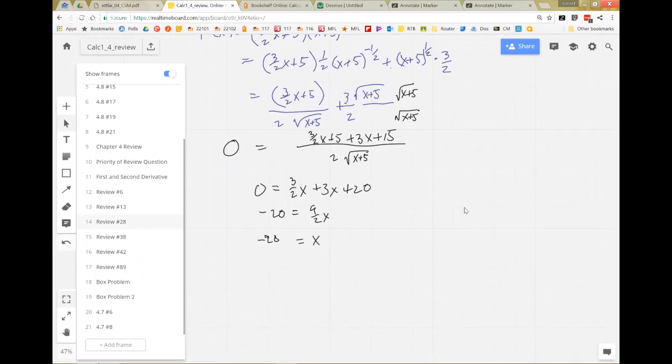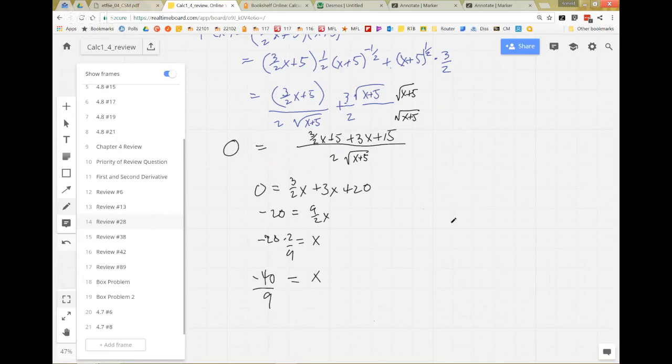So negative 20 times 2/9. So negative 40/9 evidently is a point of inflection. So now we could test it. So that's our break point. Now we could take a number to the left of that and test the second derivative at that.